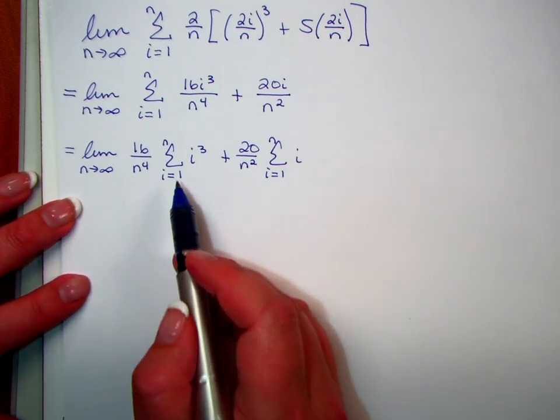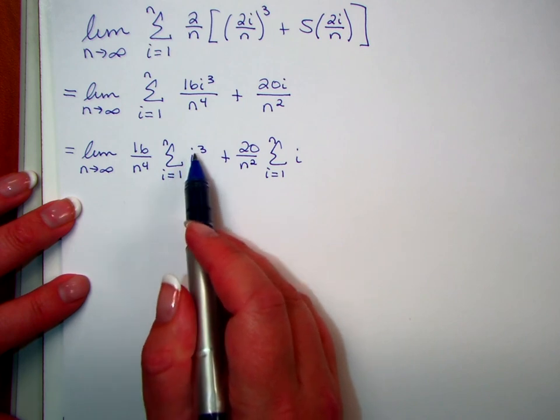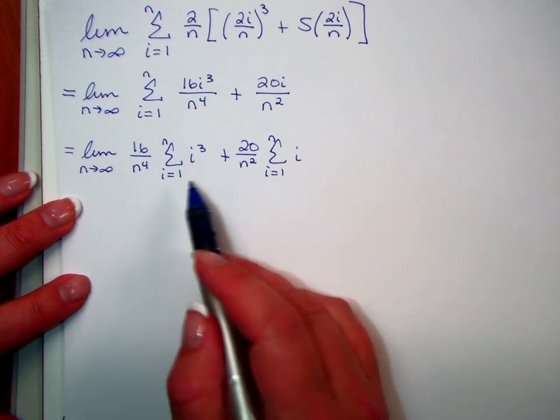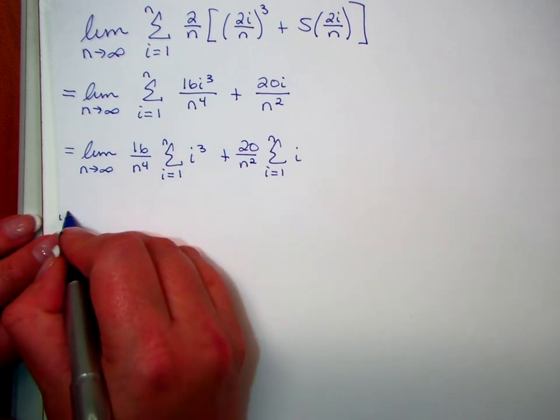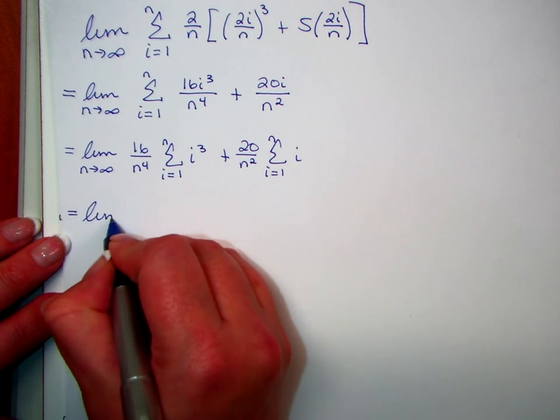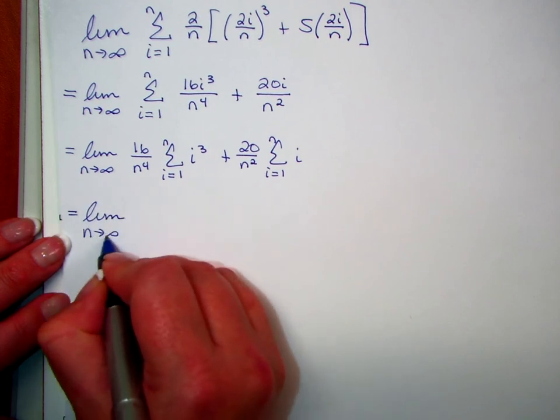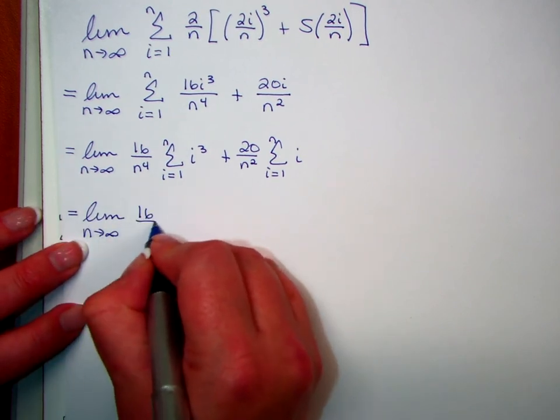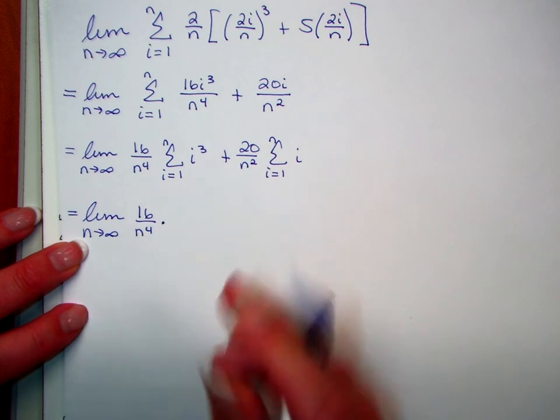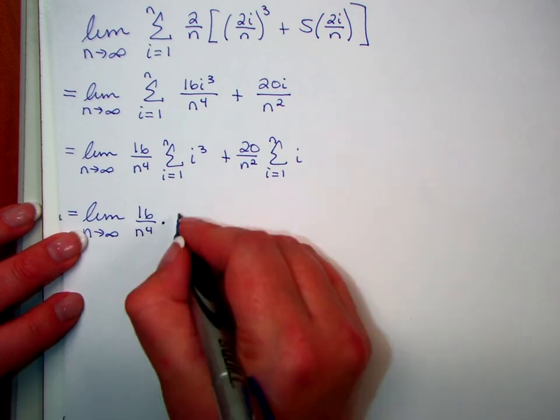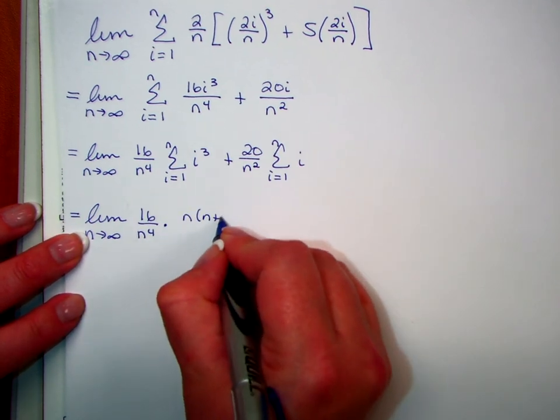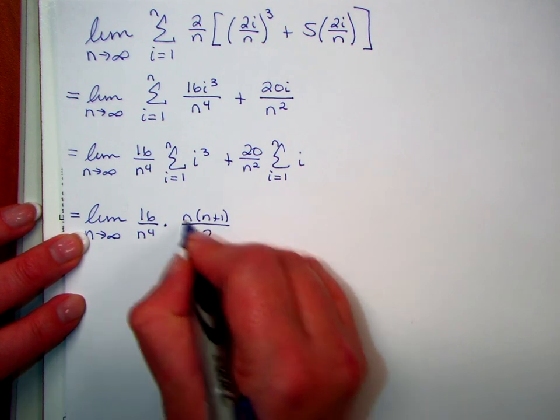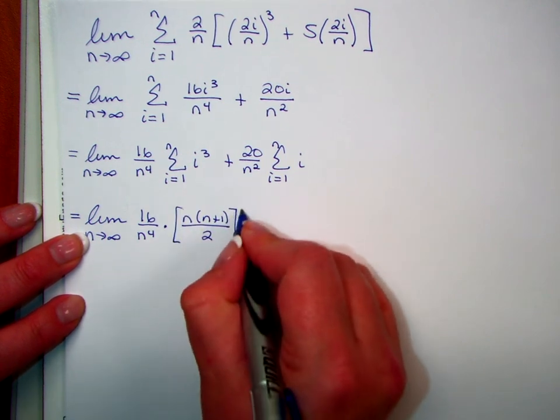All right, so now I can substitute what the known sums are for i cubed and i. So I'm looking for the limit as n goes to infinity, 16 over n to the 4th. The summation of i cubed is n times n plus 1 over 2, quantity squared.